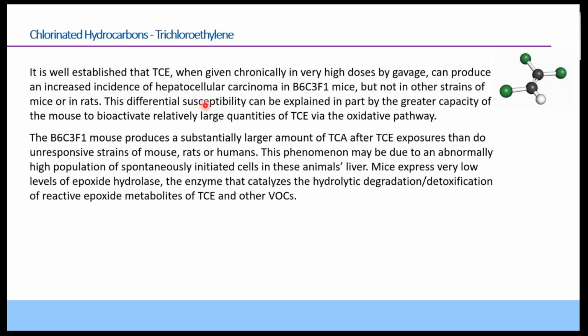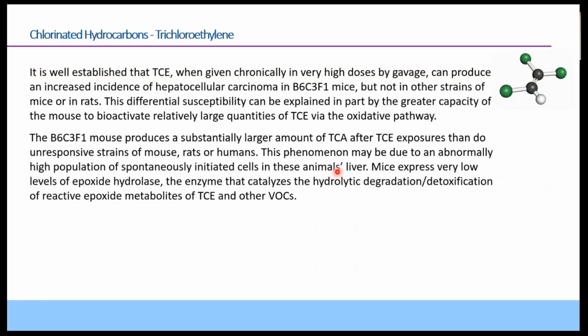This differential susceptibility can be explained in part by the greater capacity of the mouse to bioactivate relatively large quantities of TCE via the oxidative pathway. So this is one example of strain-related differences in toxicity to a particular chemical. The B6C3F1 mouse produces a substantially larger amount of TCA after TCE exposures than do unresponsive strains of mice, rats, or humans.